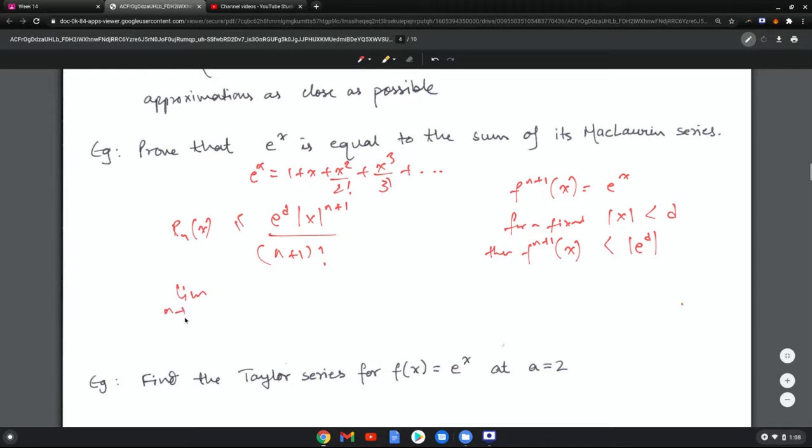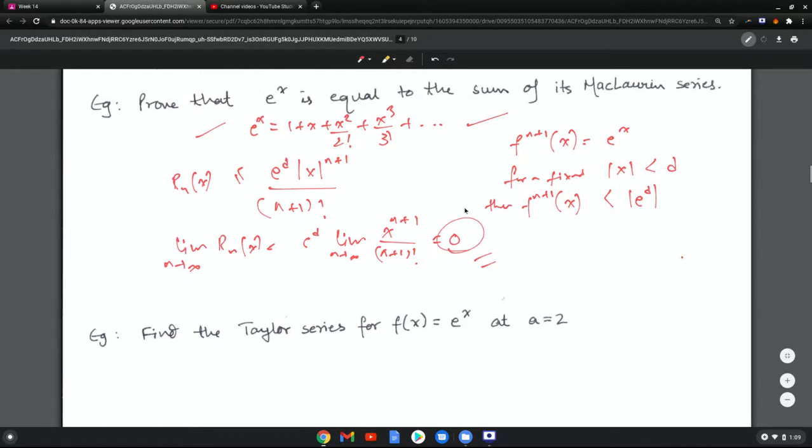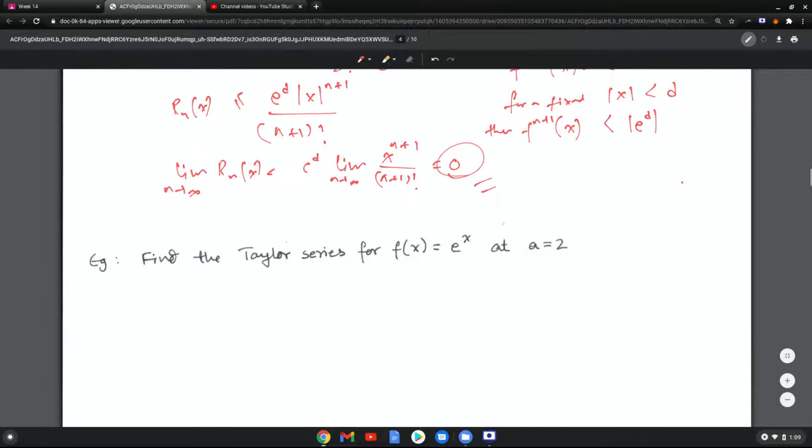So the limit as n goes to infinity of the remainder is going to be e to the d times the limit as n goes to infinity of x to the n plus 1 over n plus 1 factorial, which is 0. Right? So if this goes to 0, this means the proof is complete, and it means that e to the x equals the sum of its Maclaurin series.